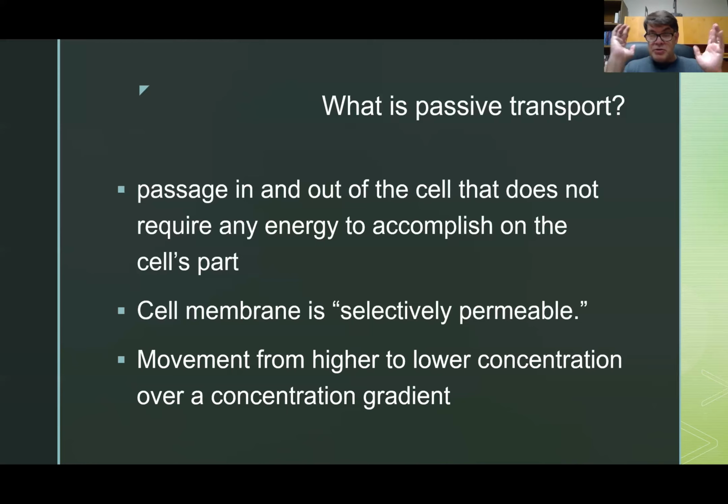This happens with pressure, as well. But anyway, movement from a higher concentration outside the cell to a lower concentration inside the cell is going to passively pull stuff from the outside to the inside until it reaches equilibrium. That would be an example of passive transport. It doesn't have to be plugged in, it's going to happen.